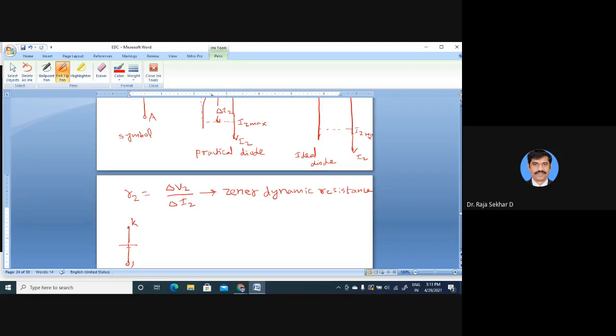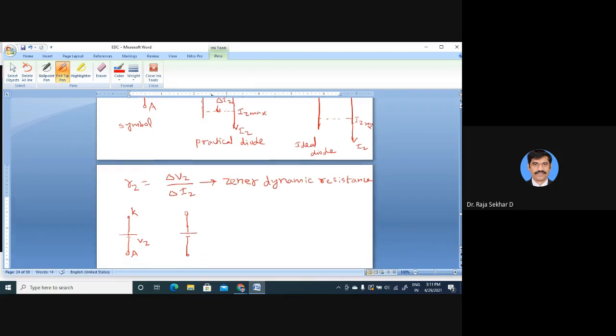Cathode, anode, this is VZ. Suppose the diode is on. When will it be on? When the applied reverse bias voltage is greater than or equal to VZ, then the Zener diode is on, and the voltage across the terminals is VZ.